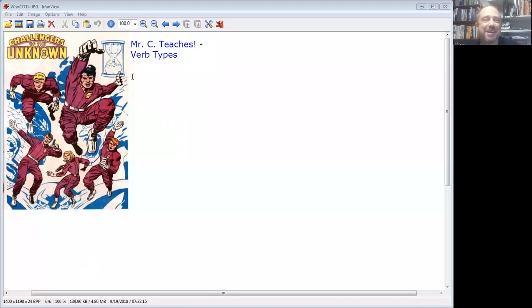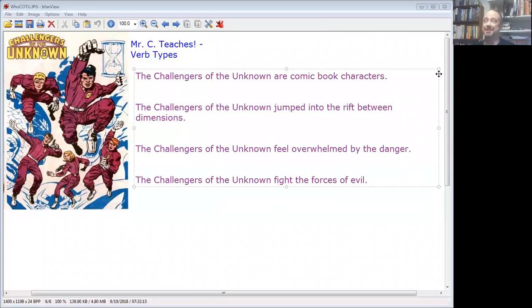The sources that I've read vary on that, whether or not somebody helped him create these characters. But in any event, that is Jack Kirby there doing the art in that delightful picture of the Challengers of the Unknown. And so here's some sample sentences. Poof. See, purple, just like their costumes. I'm so clever. All right.